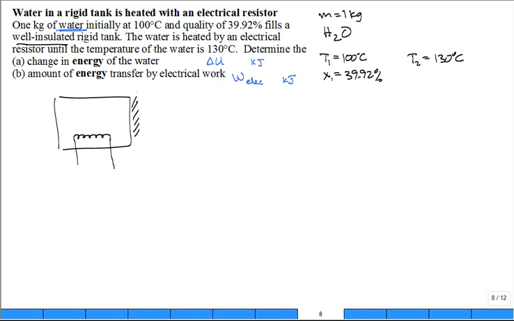So if you start with the first law, you're going to say delta U is equal to Q, and then you have the minus the work out, right? But we know that electric energy in, this is my control mass, that's my system. It's enclosing the water, right? What cuts across the boundary right here and right there? Two electric wires.